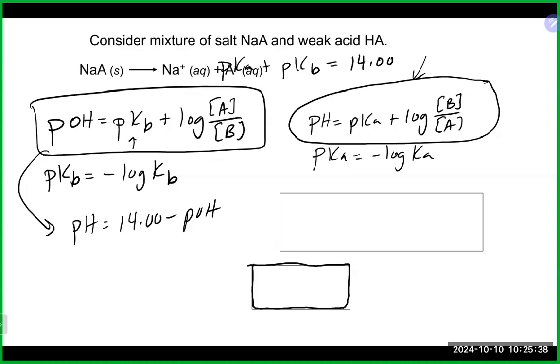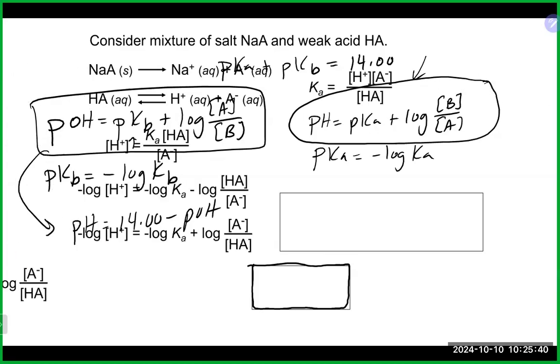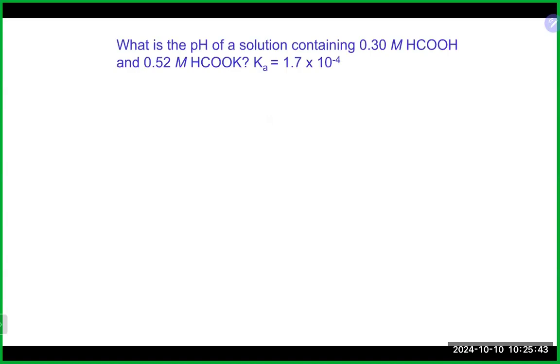So to see how this works here, if we take a look at the problem we just did there, we did Ka was 1.8 times 10 to the minus 5. We have the acetic acid at 0.2 molar.